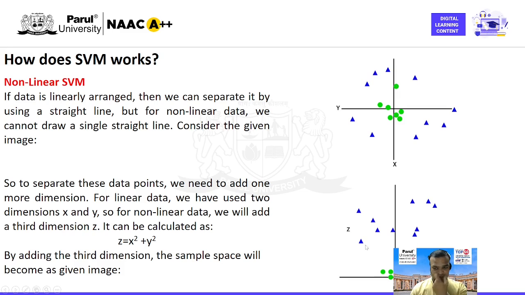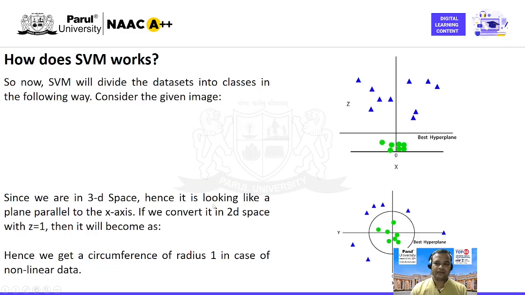Whenever we add the z dimension, there will be a third dimension with the non-linear data. So now SVM will divide the data set into classes in the following way. Consider the given image. You can see here, this is the best hyperplane for the particular non-linear data.